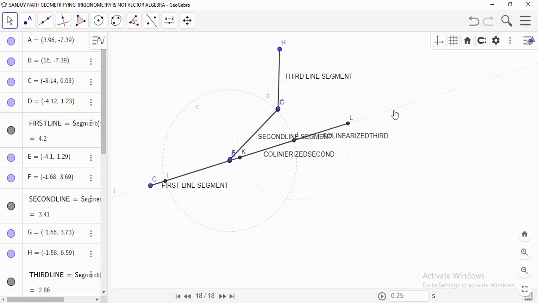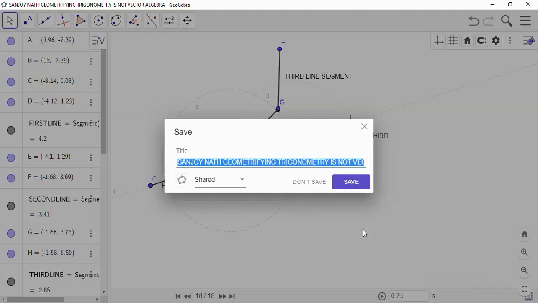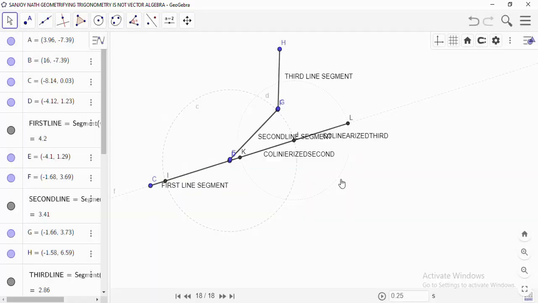The line lengths are copied, but the directions are kept as per the governing direction of the first line. In this way, we do the collinearized addition in geometrifying trigonometry. That is the important difference between geometrifying trigonometry and vector algebra. So the plus is shown here.